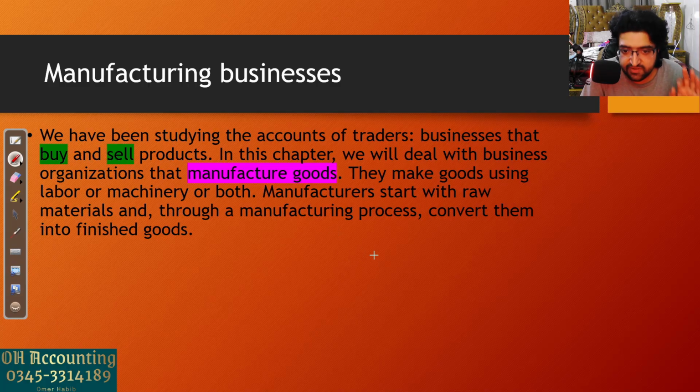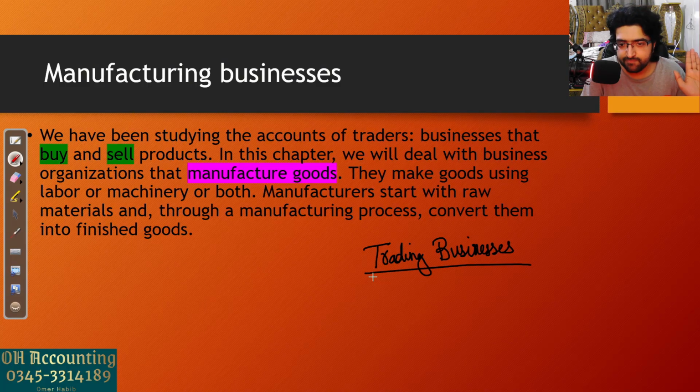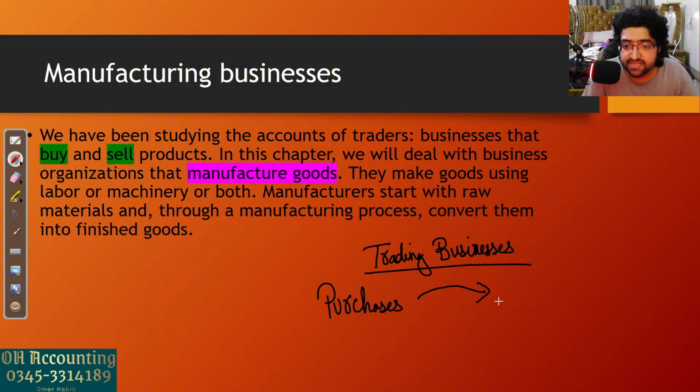Okay. Manufacturing businesses. Till now we were discussing trading businesses. Trading businesses are those businesses who simply buy goods and then resell them in the market. Which means they purchase goods from someone and then they sell them to other people.